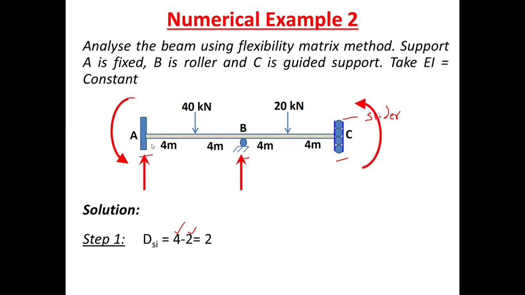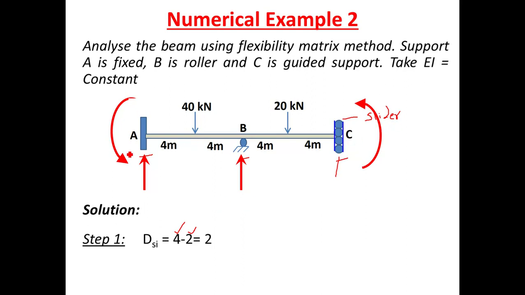So total unknown reactions are 4: moment at A, reaction at A, vertical reaction at B and 1 reaction at C. The unknown at C is a moment, since a guided support allows the point to move vertically up and down. The static unknown at a guided support is always a moment, not a vertical reaction.